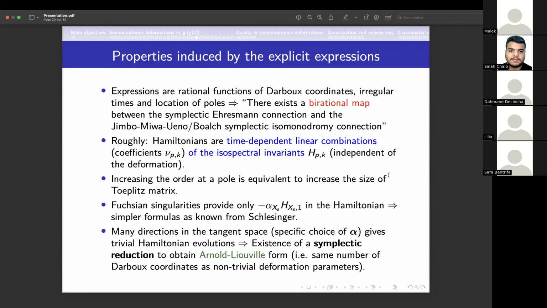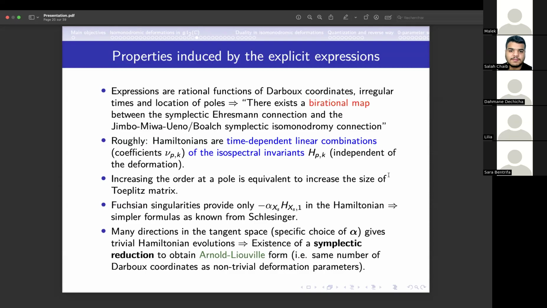So increasing every order of the pole is like increasing the size of the Van der Waals matrices that I considered. Fuchsian singularities provide only a simple contribution, literally simpler formulas, as known from Schlesinger.